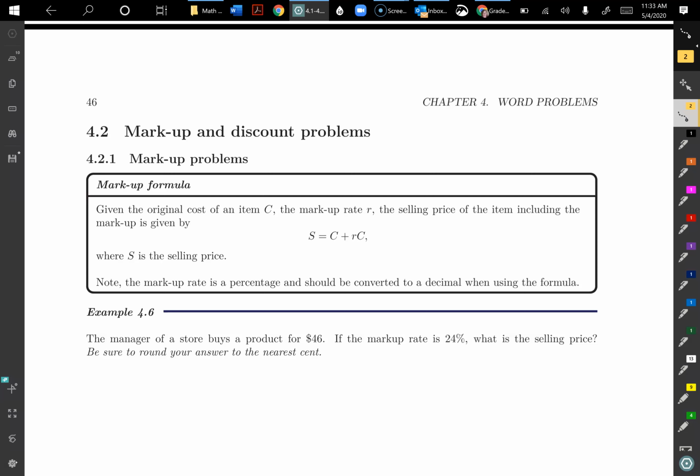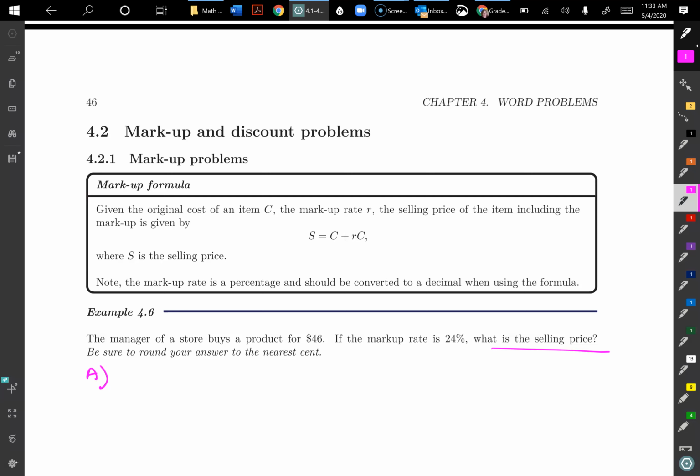So for this one, our rule is to declare your unknown, write the variable. On here we can say part A: what is the selling price.